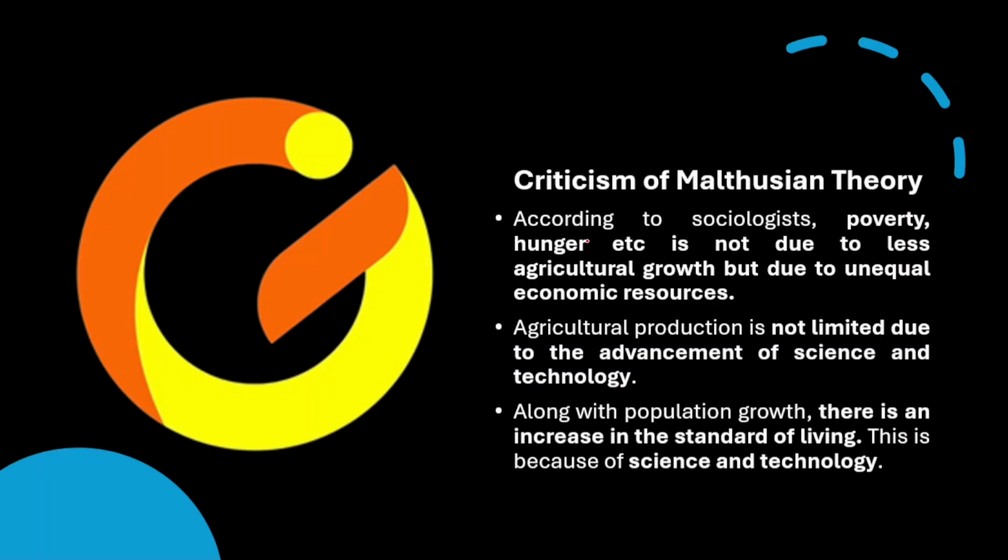And a few sociologists criticized Malthus's theory here. According to sociologists, poverty, hunger, etc. are not dependent upon agricultural growth, right? But are due to uneconomic, unequal distribution of the resources. Here the sociologists are trying to mention that unequal distribution of wealth is the main reason, not agricultural growth alone, which means inequality in the economy, right?